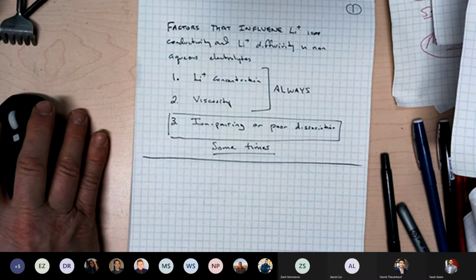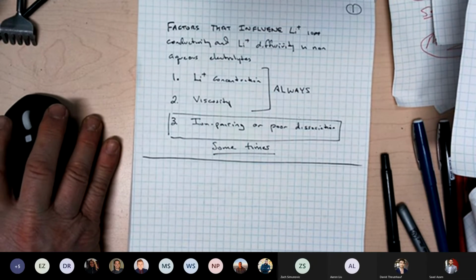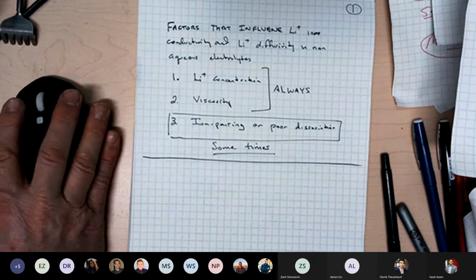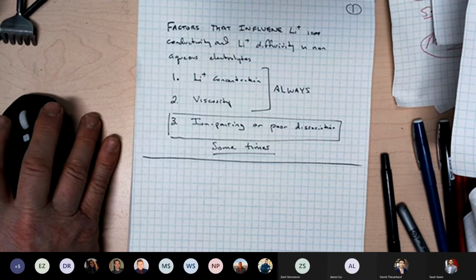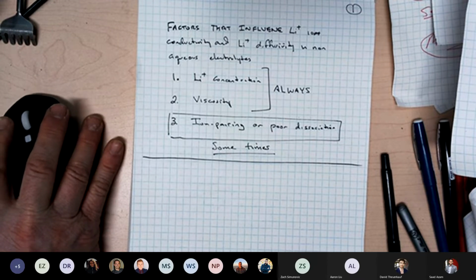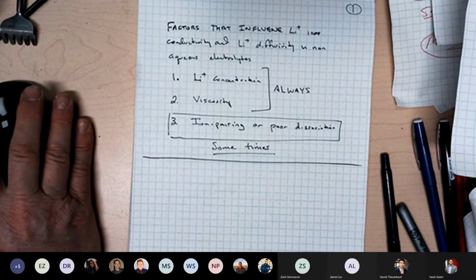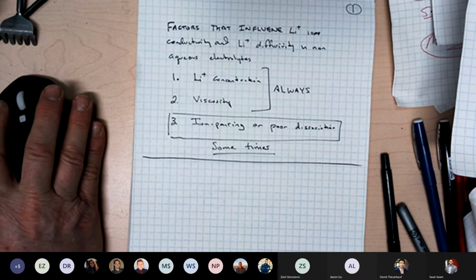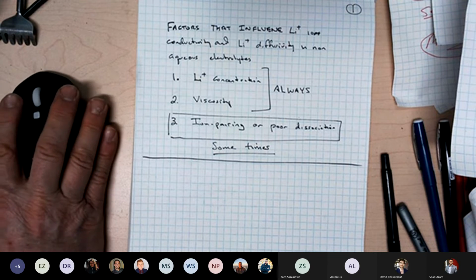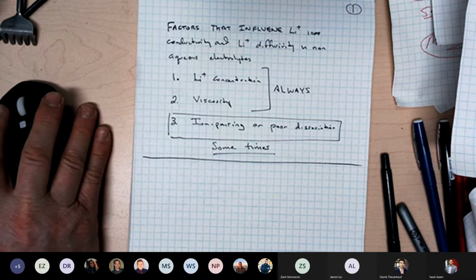So let me show you an output here. Oh my, that's crappy. Just trying to get a decent view of this output file.